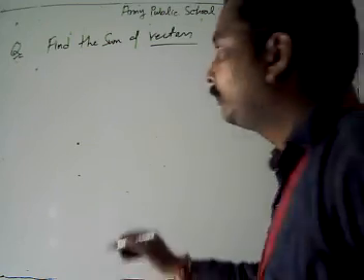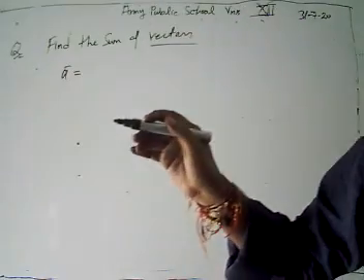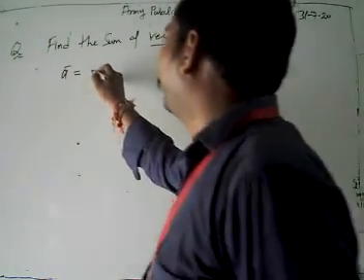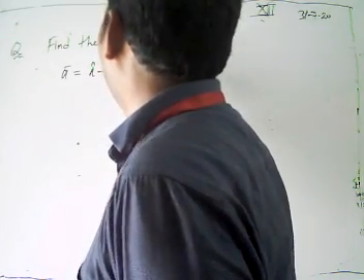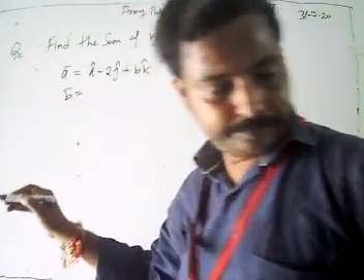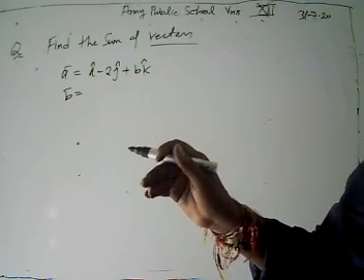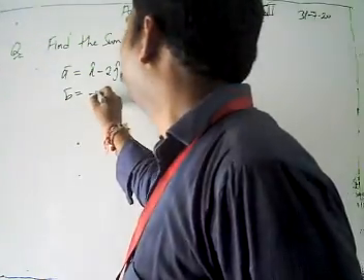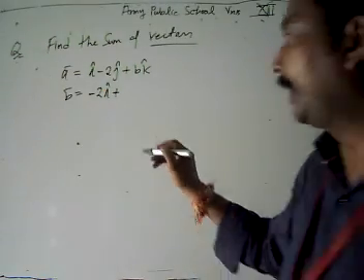Vector A is i cap minus 2 j cap plus k cap. Vector B is given by -2 i cap plus 4 j cap plus 5 k cap.